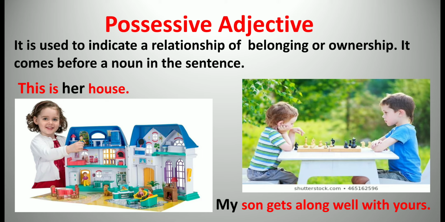This is her house, her. The next example, my son gets along well with yours. The adjective my is the answer to this question. Whose son? Some other examples of the possessive adjectives are his, our, your, their, etc.